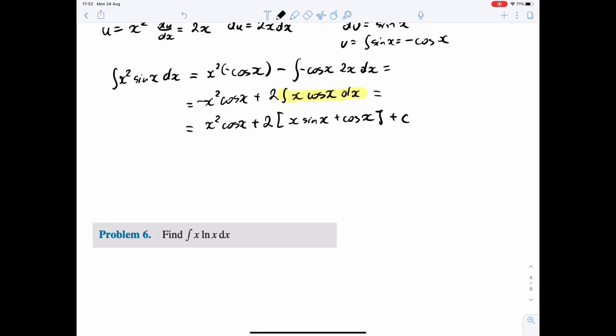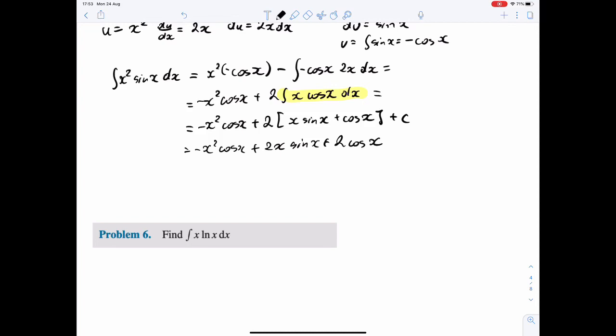And I can expand the bracket and simplify. So I would get, and the minus remains here, so I would get minus x squared cos x plus 2x sine x plus 2 cos x.